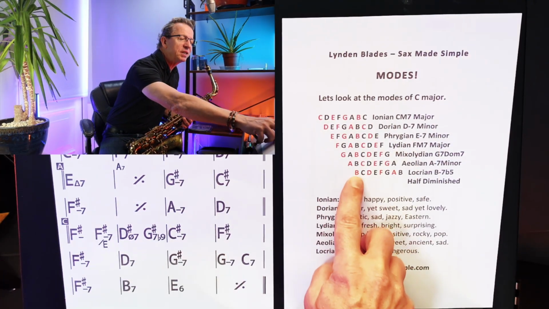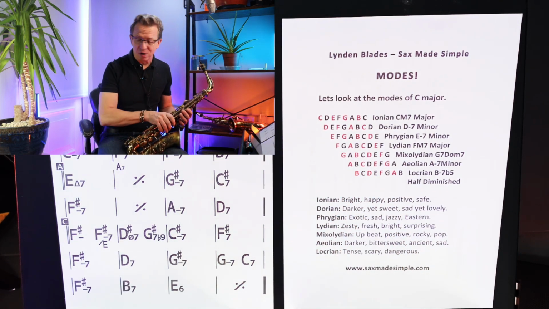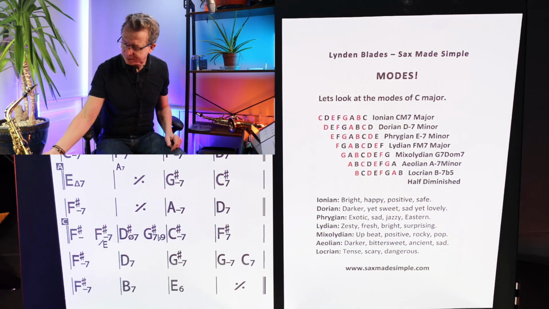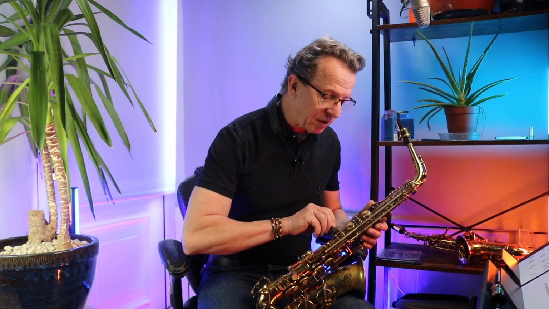The last one, if you start C major starting on a B, and you get B, D, F and A, and I'm going to do this one on the keyboard because it's really so interesting to listen to how far away from C major this sounds. Let me play the scale on the sax first, and this is half diminished, so it's not major, it's not minor, it's half diminished.